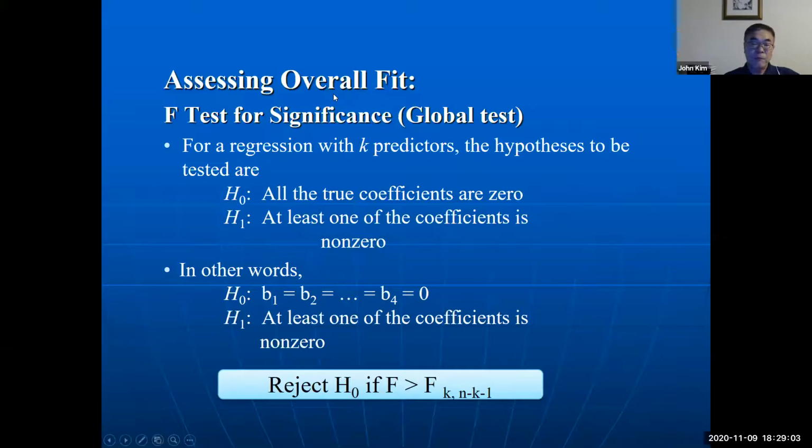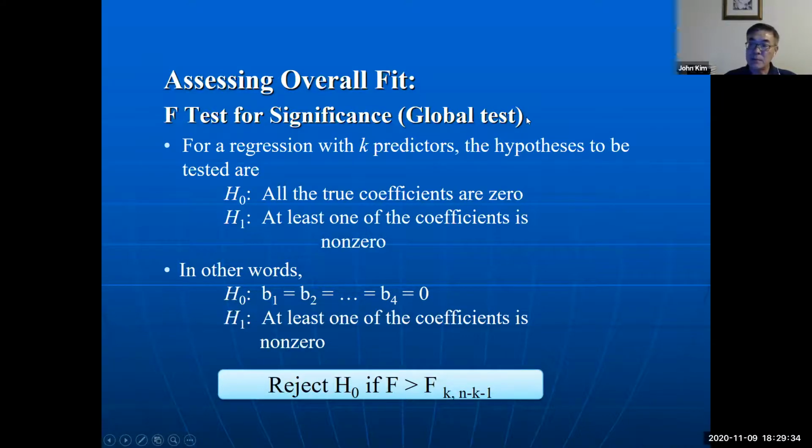Assessing overall fit: we develop the multiple regression equation, then we test whether the equation was developed well or not. For the equation itself, we use the F test for significance.